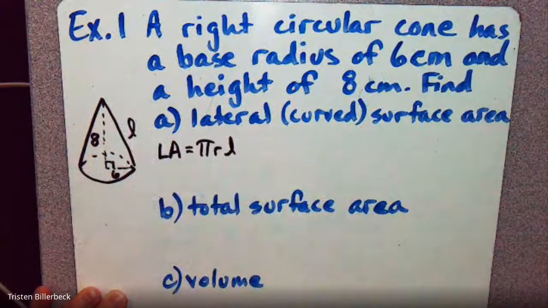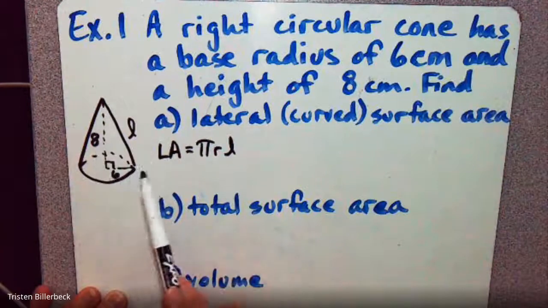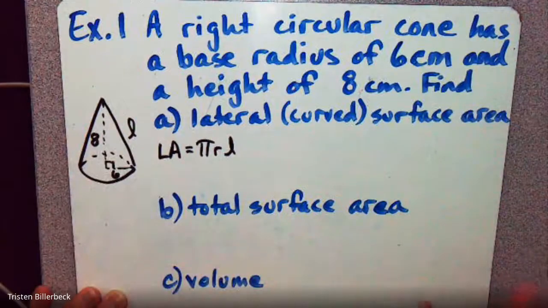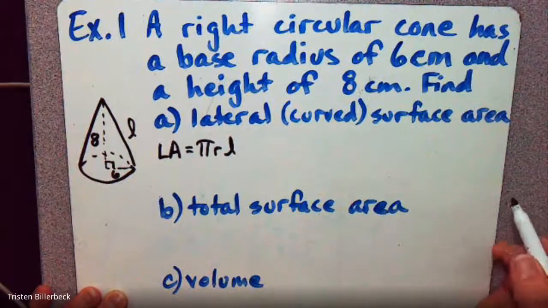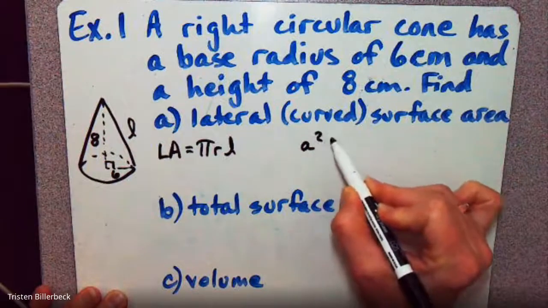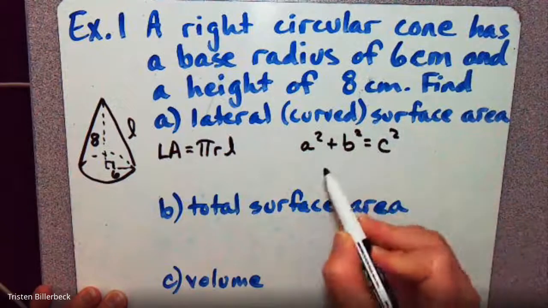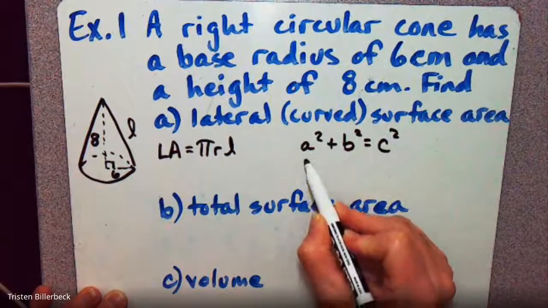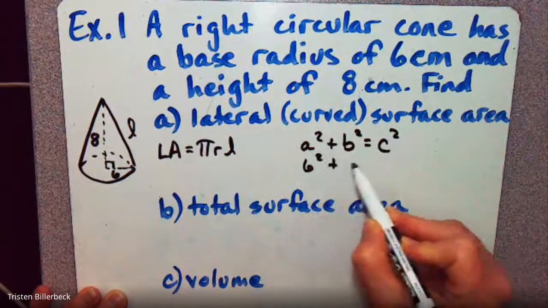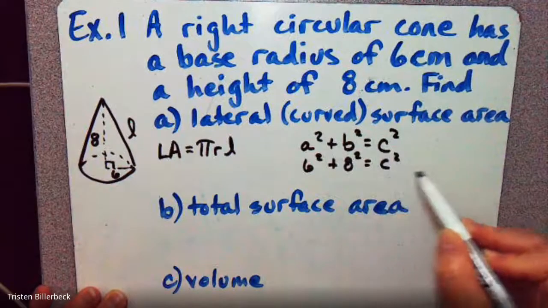That's a bummer. But we have an ability to find L because this is a right triangle and we know Pythagorean theorem. So what we can do is say, oh, a squared plus b squared equals c squared. And then we have 6 squared plus 8 squared should equal c squared.